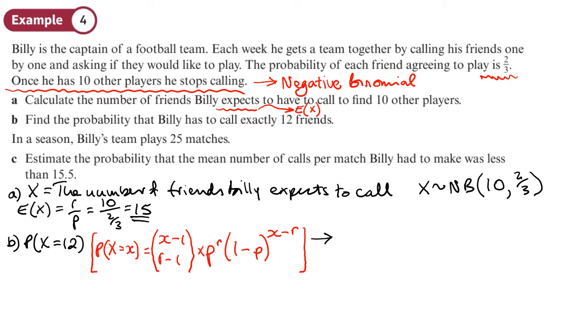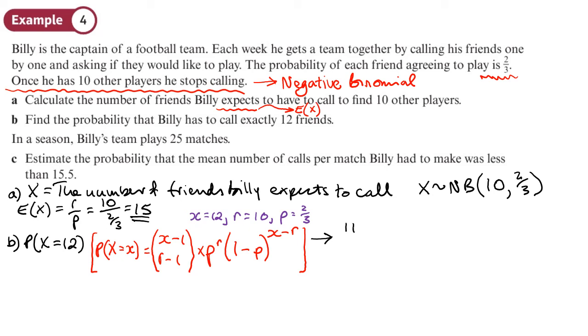And in this case, where we have x equals 12, just write that down, x equals 12, and r is equal to 10, and p is equal to 2/3. So everything just gets plugged into the formula. So we are going to have 12 minus 1, 11.